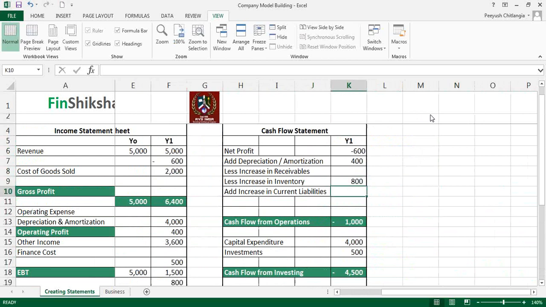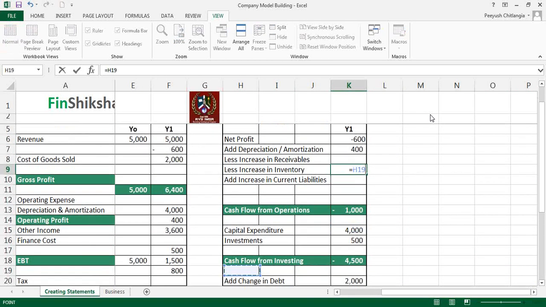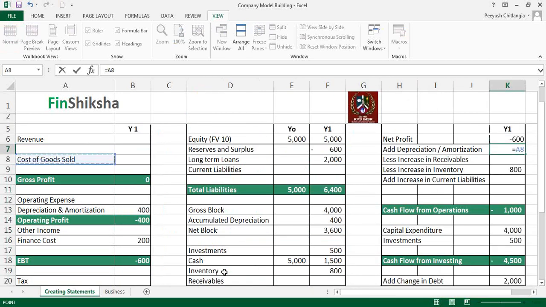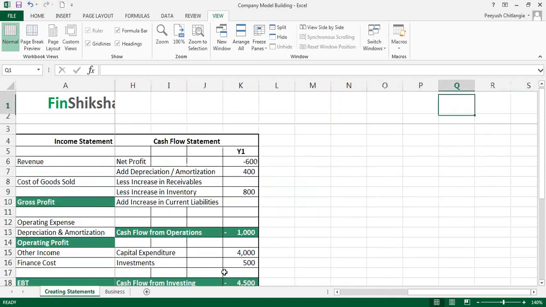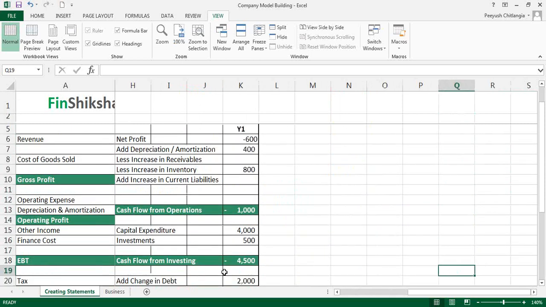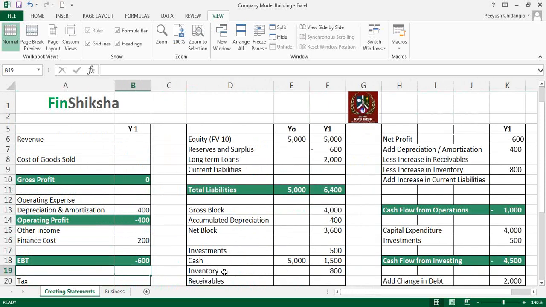You put in 800 here as well, or you could just link it in the form of 800 minus the last year number. That's slightly better if you link all these data points. Even depreciation, ideally we should go and link it to the P&L statement, right? So we get increase in inventory, and that solves our first part.